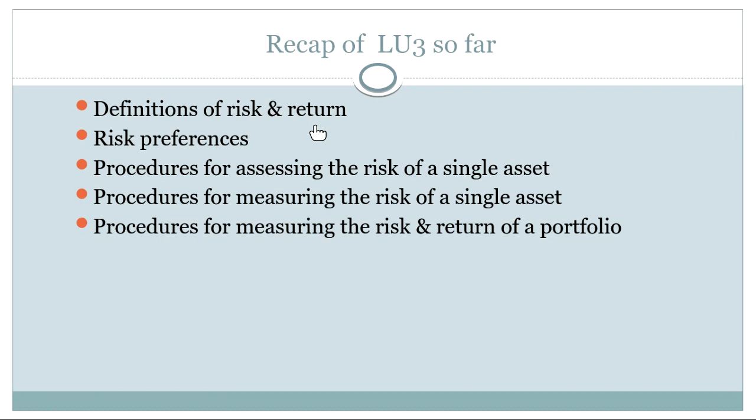And then once I've got that total rand value return figure, I then calculate that as a percentage of the price that I originally paid for that asset. Okay. So that's how we basically break down that formula for return on page 69. And take note of that formula, because we're now going to apply that formula when we look at procedures for assessing the risk of a single asset and a portfolio.